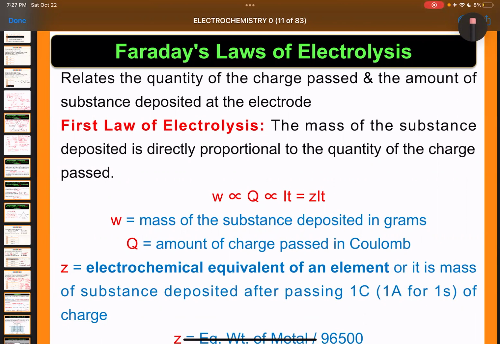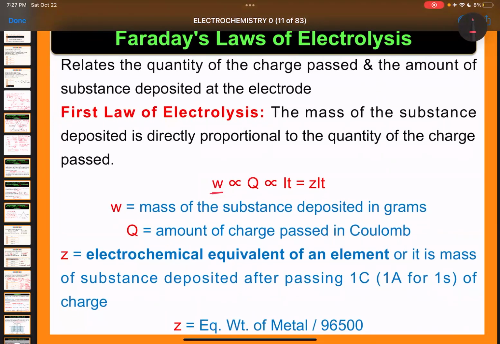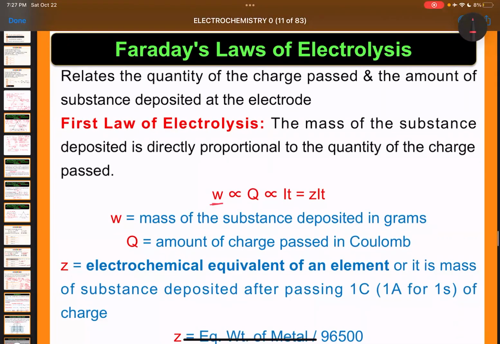Actually, we are putting in the EMF and we are getting the compound. So how much compound is going to form? What is the weight of the compound, that we can calculate. And that is given by Faraday's law of electrolysis. So what is the first law of electrolysis of Faraday's? Tell me. What is the first law of Faraday's electrolysis? First law.